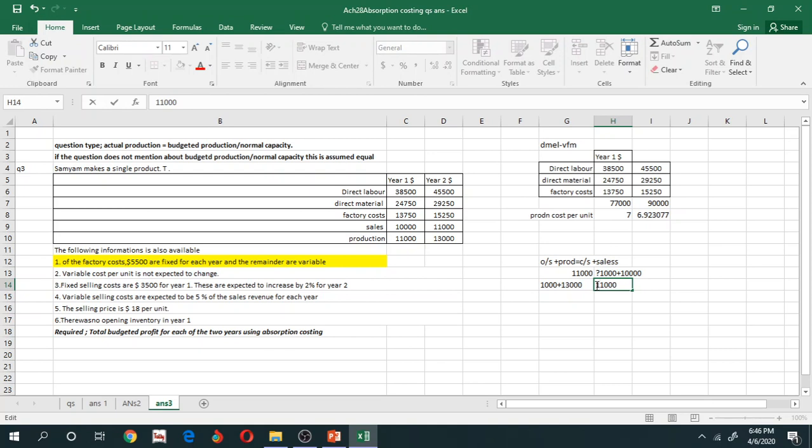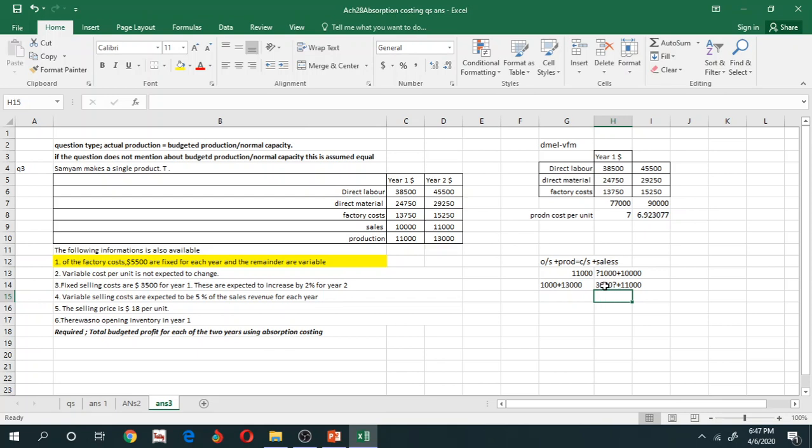So on the right side you have 14,000, here 13,000, so 3,000 turns out to be your closing stock as the missing figure. I'm going to put a question mark as the missing figure. So for the first year we have found closing stock as 1,000, for the second year 3,000.